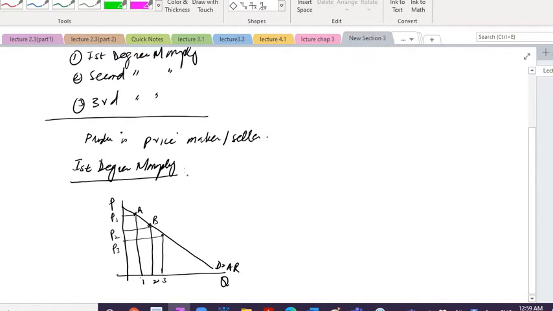What happens in the first degree monopoly? The producer is in a situation to charge the price according to the willingness to pay of each individual. So each unit is sold at a different price according to willingness to pay. This is called first degree monopoly.